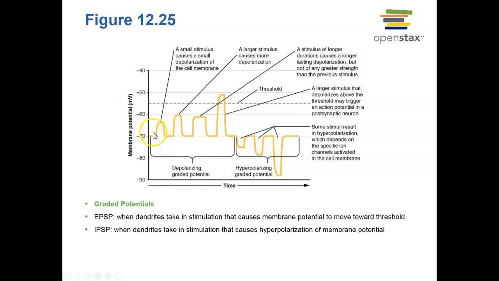So if you have sodium rushing in, and sodium ions are positively charged, then you're going to increase the positive charges inside the cell. If, say, potassium is rushing out, then you're going to decrease that same potential within the cell. And that's a graded potential. The only time it hits an action potential is if we hit that special number called threshold.